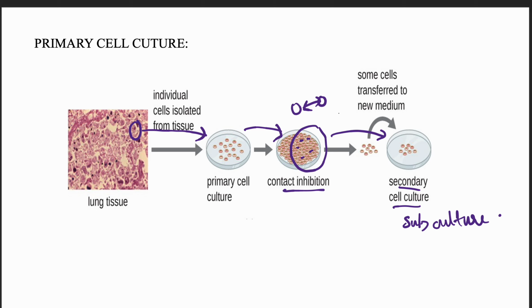Okay, so the process which was undergone after the isolation of cells from the tissues and before the subculture is said to be primary cell culture.